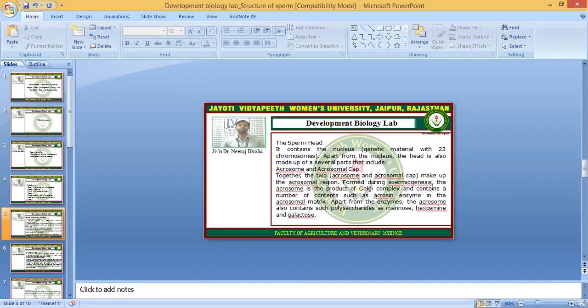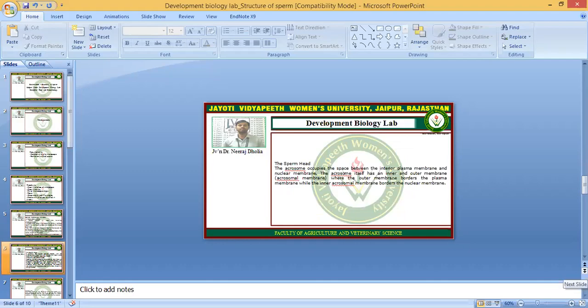The acrosome is the product of the Golgi complex that contains a number of contents, such as the acrosin enzymes in the acrosomal matrix. And apart from the enzymes, the acrosome also contains a few polysaccharides, such as mannose, hexosamine, and galactose. The acrosome occupies the space between the interior plasma membrane and the nuclear membrane.